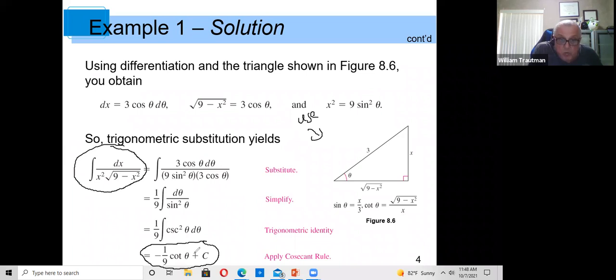And I want to know what cotangent theta is. Can somebody type that? I like all of you using the triangle. What is cotangent theta? Type it into the chat box. The only thing I want to know from this triangle is what is cotangent theta?